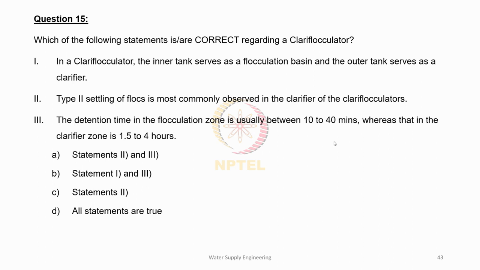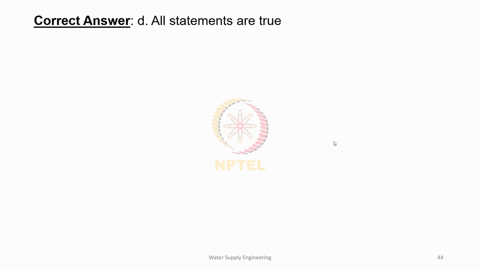Which statements are true regarding a clariflocculator? A clariflocculator is nothing but a combination of clarifier and flocculator. So the correct answer is that all statements are true.